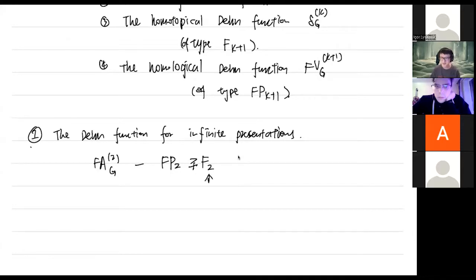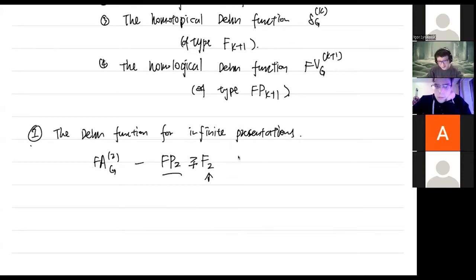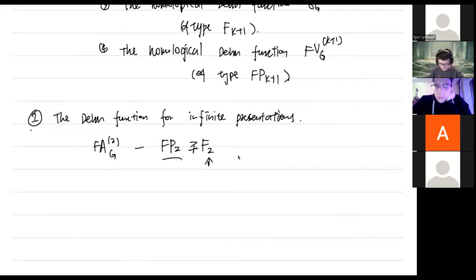So F2 is a set of groups of finite presentations. FP2 is a set of groups that have a finite projective resolution up to the second stage. Anyway, it's a larger set, and actually this set is uncountable. So the second homological Dehn function is defined for uncountably many groups. And also it is very nice.